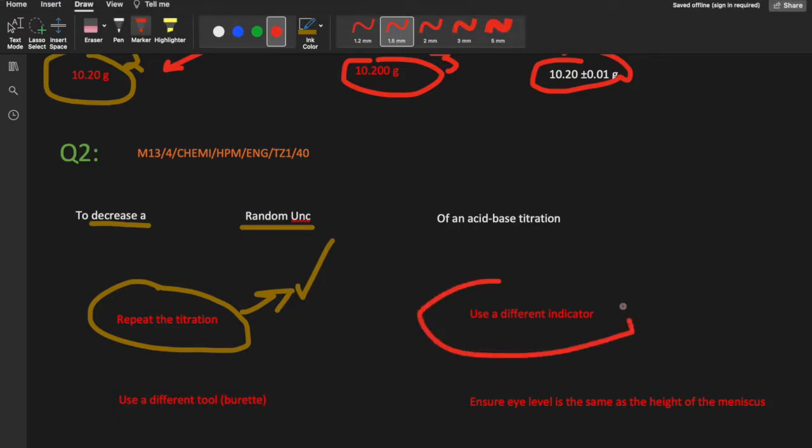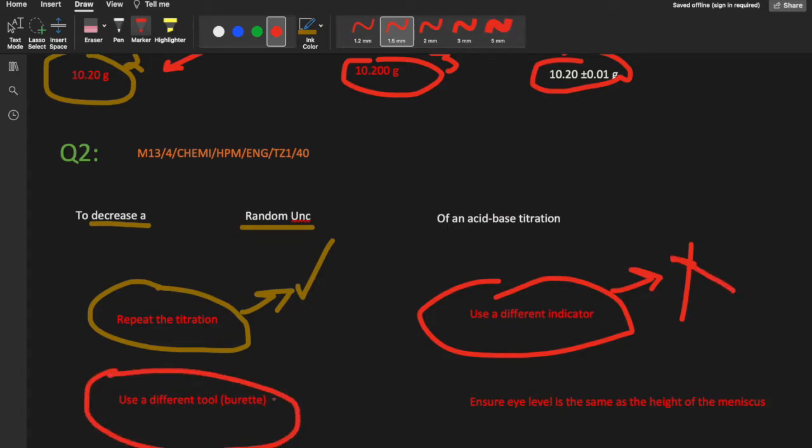Using a different indicator is incorrect because it may result in other errors. So it's not the best method. And so is using a different tool, which may also result in different errors. So that's not the best method as well. We can automatically take out these 2 results.